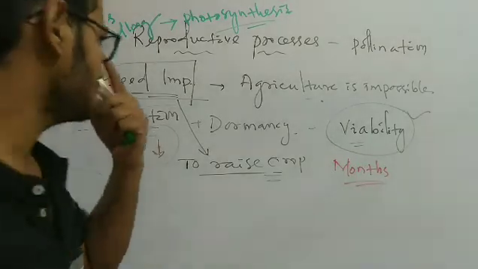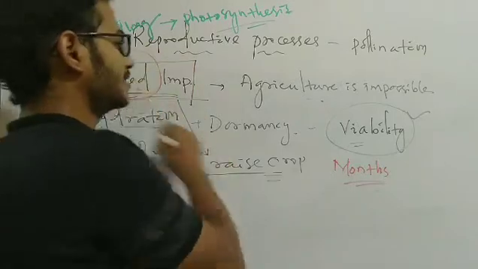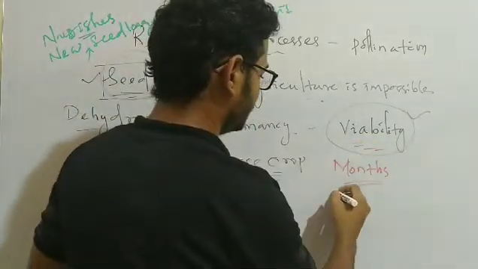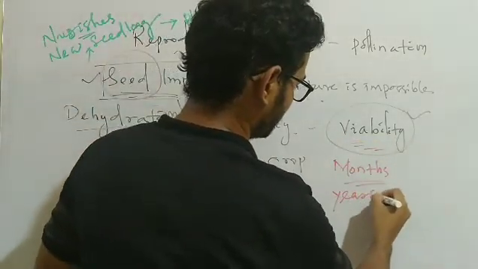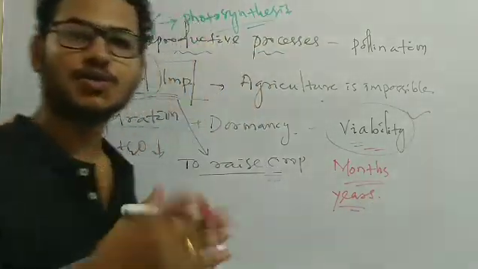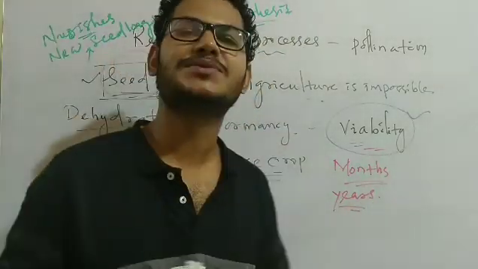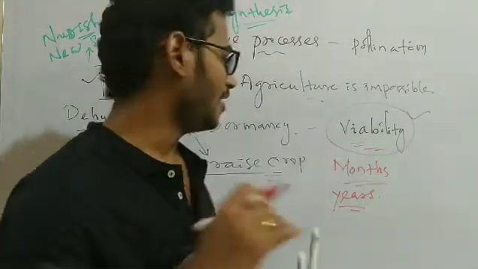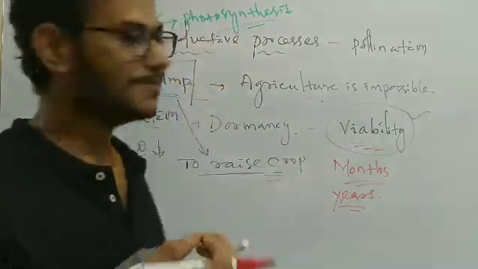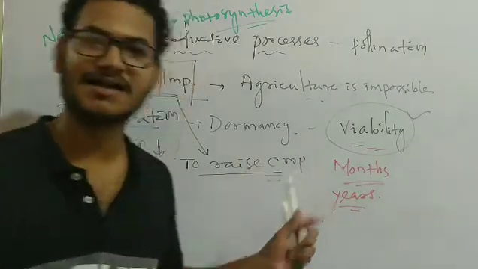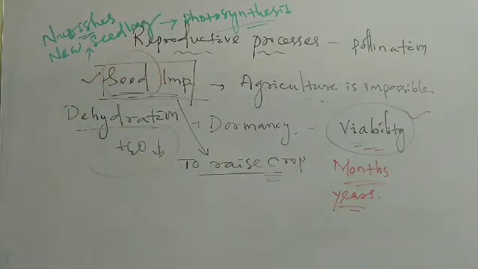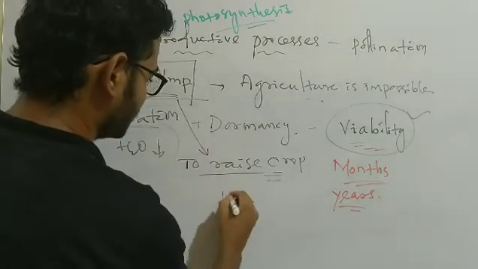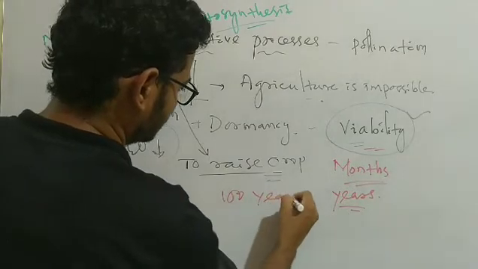According to different species, the viability of seed changes. In some plants, the seed is viable for up to a few months, but in other plants it may be viable for years. Some even survive for hundreds of years.